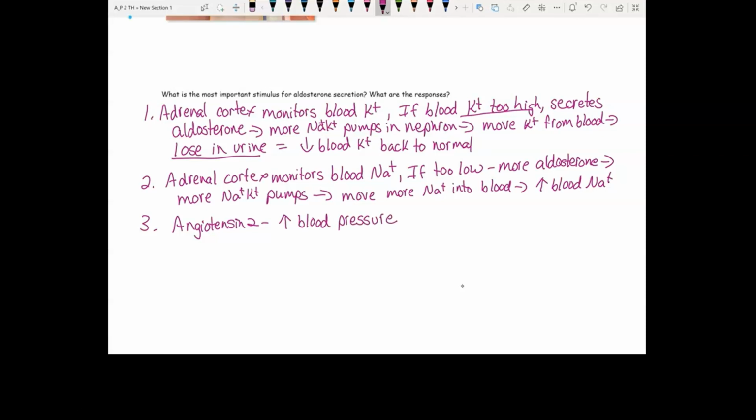So angiotensin II stimulates the adrenal cortex to secrete aldosterone. Aldosterone causes the nephron to have more sodium potassium pumps. These pumps move sodium to the blood. And remember Mary and her lamb, the water follows the sodium.